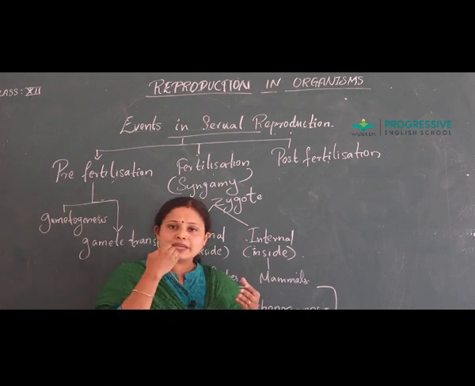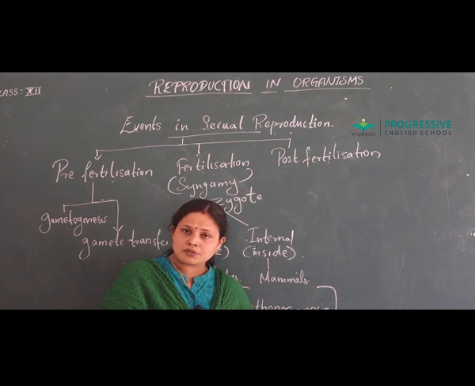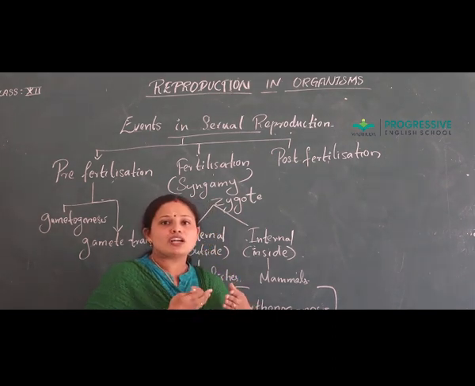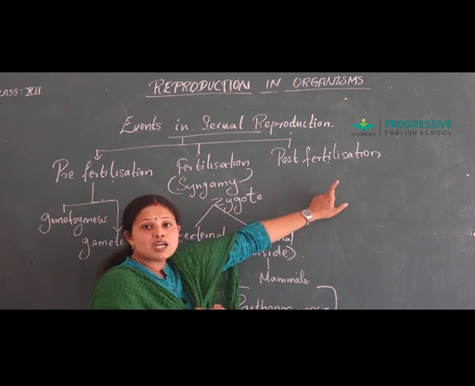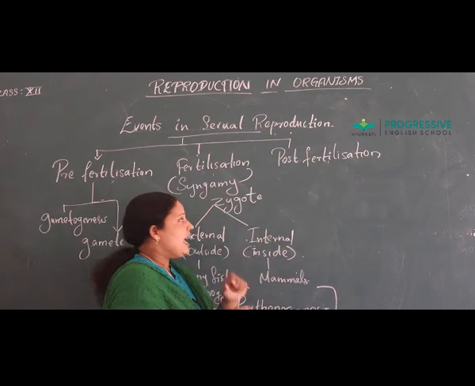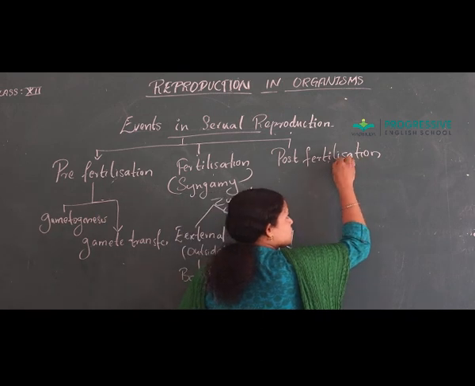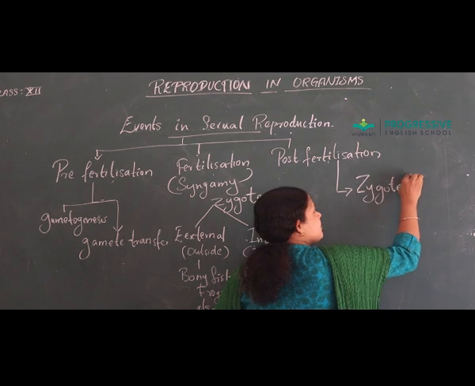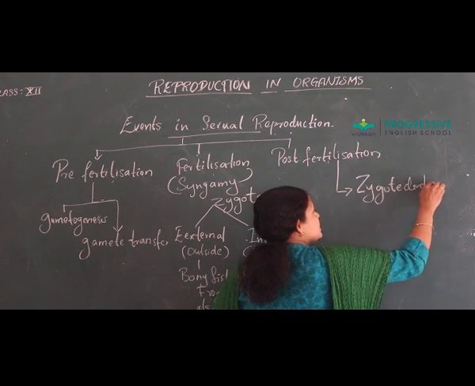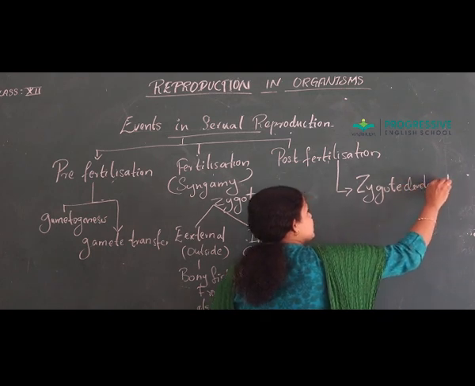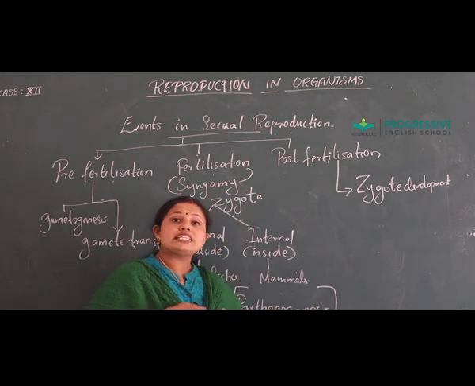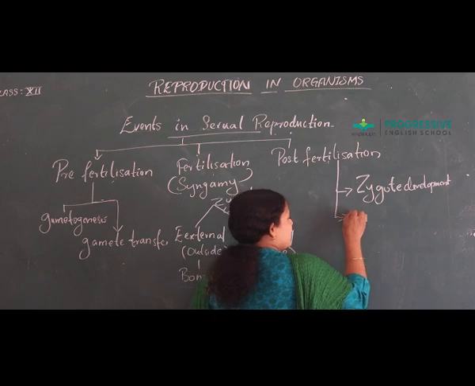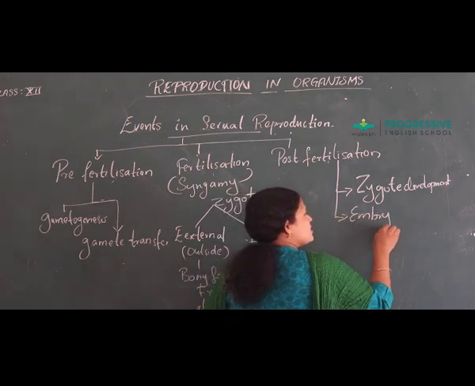That means after male and female gametes are fused and the zygote is formed, what happens after that will be included in post-fertilization. It includes zygote development, and also the development of that zygote into the embryo, that is embryogenesis.